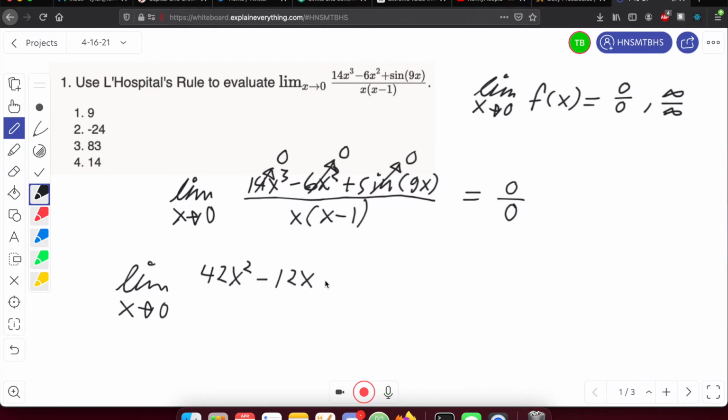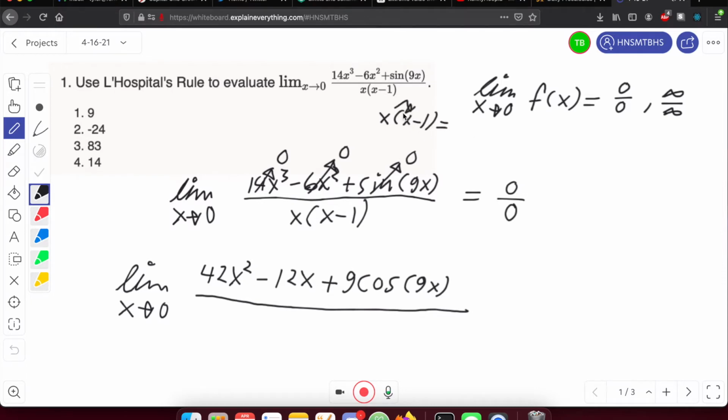So sine goes to cosine, so this would be plus 9 cosine of 9x, right? And this would be all over, well, what's this? Let's FOIL this out. So we have x times x minus 1. This is equivalent to just distributing: x squared minus x. So the derivative of this would be 2x minus 1. And so we just need to calculate the limit as x goes to 0 of this function.